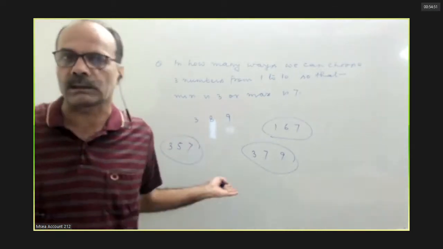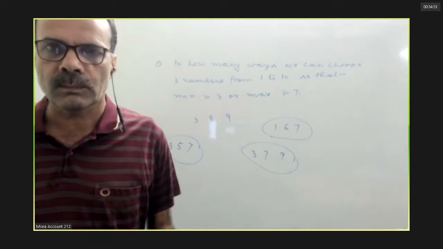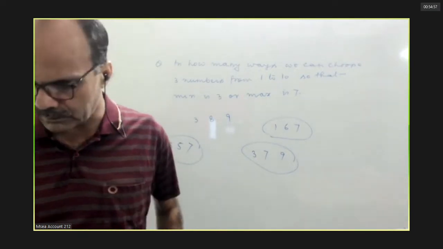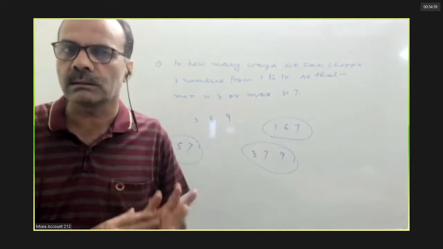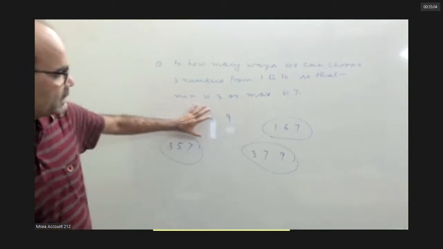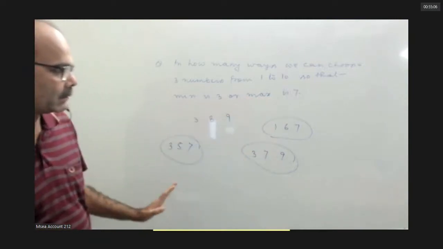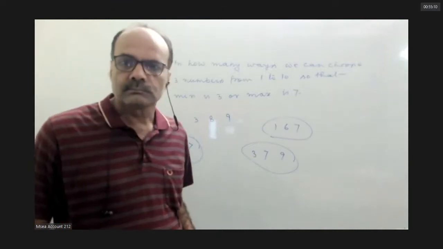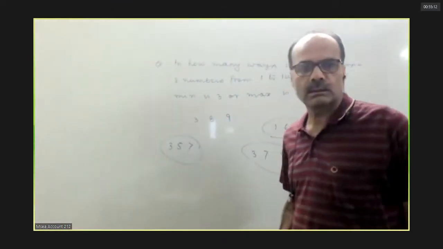Whichever you want, you can take: 3 is minimum or 7 is maximum. You understood the meaning of the question? All these types of selections are permissible. Two minutes, think of it.